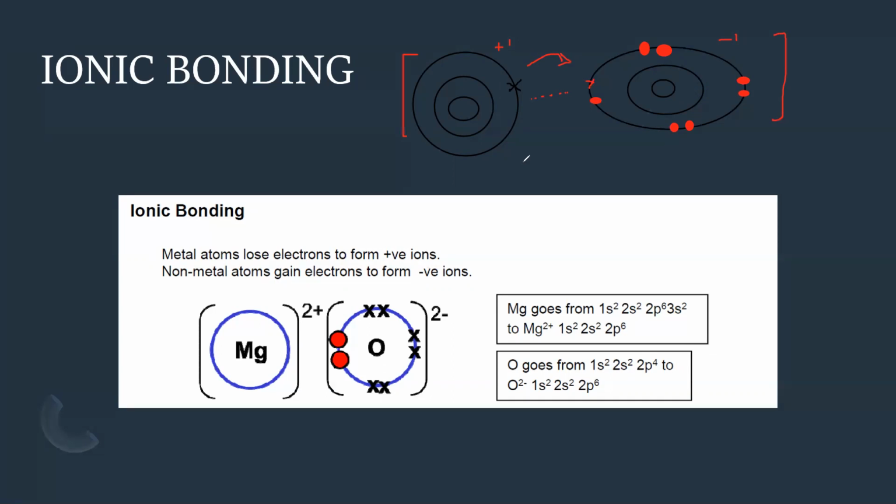In terms of electronic configuration, how can you explain how an ionic bond is formed? For example, if you want to show the ionic bond within magnesium oxide, between magnesium and oxygen, how can we represent this?